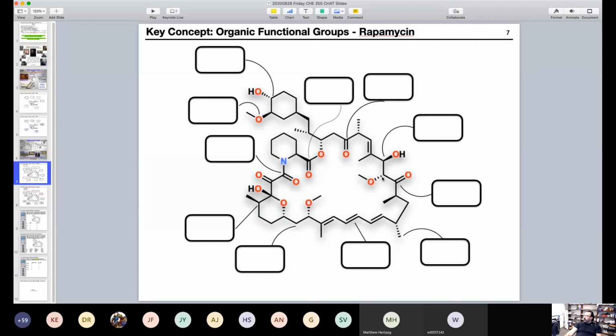Sarah's asking, why is this ketone not an ester? Can anyone explain why this is a ketone and why it's not an ester?